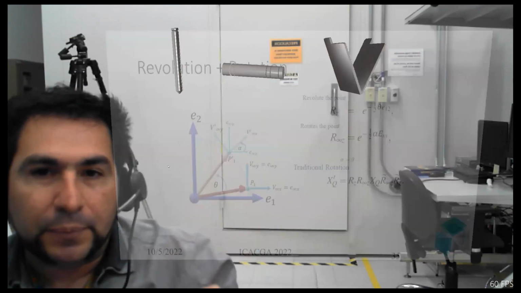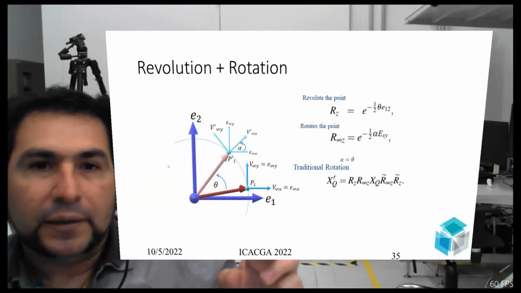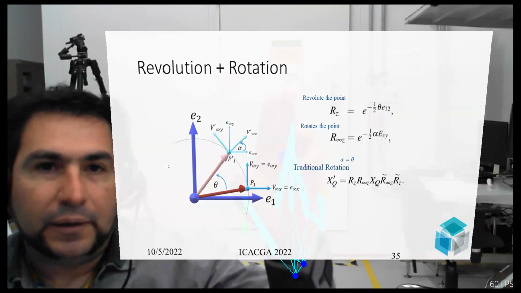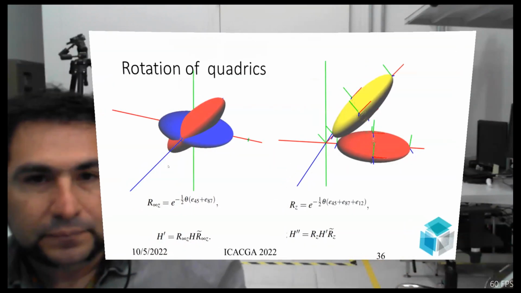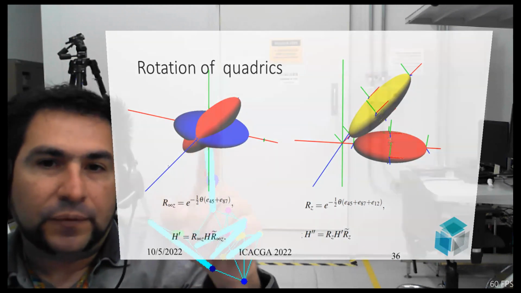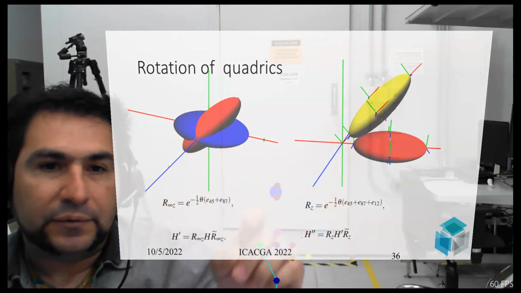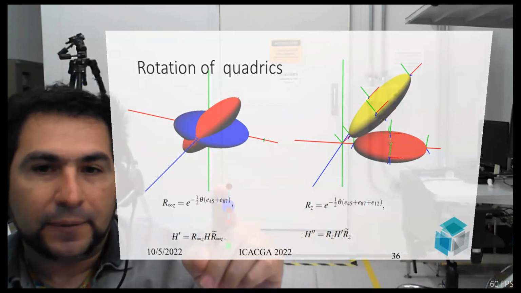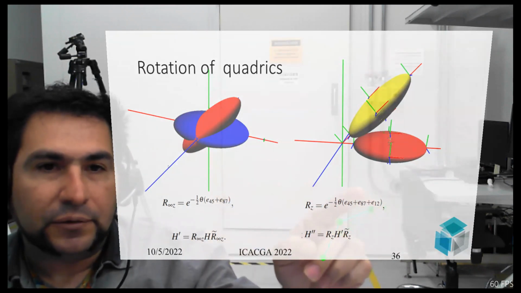So not only rotate the point, but also rotate its own axis. That's why, for instance, in quadrics, it should be like the rotation of a quadric like this or a rotation like this, right? Because you are adding the other terms, this and the other terms that the traditional rotor has.